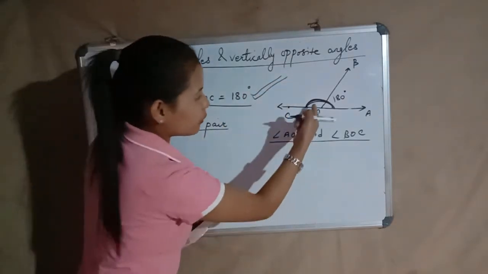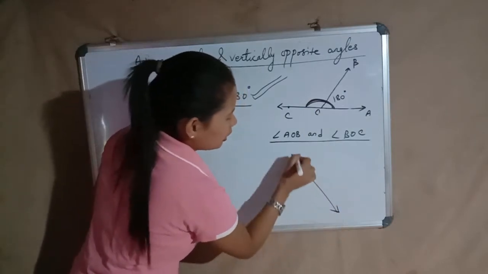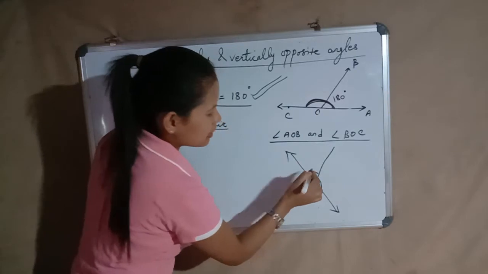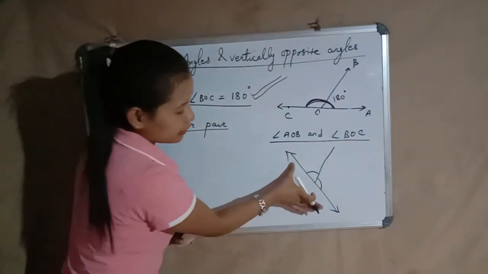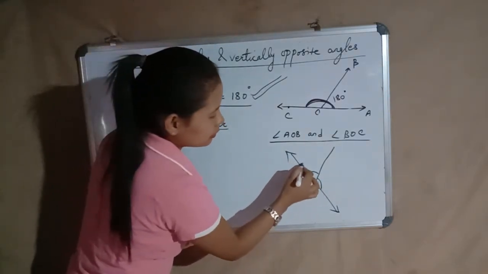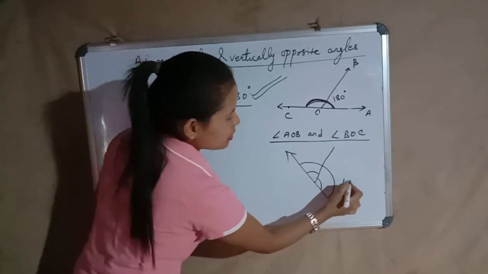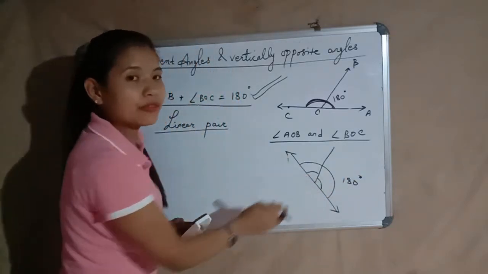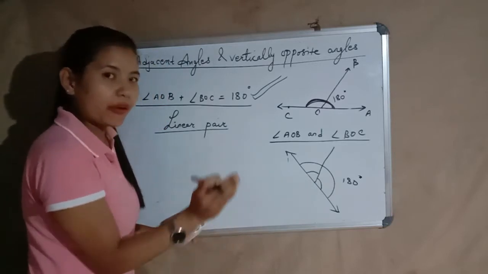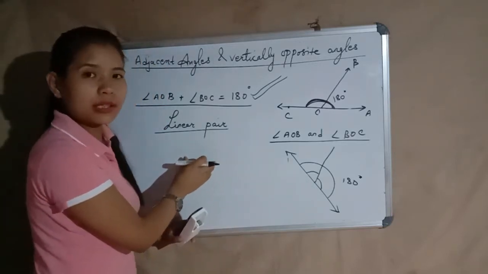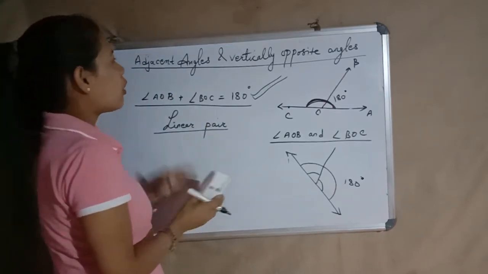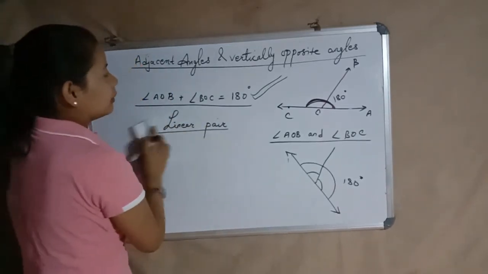It need not always be in this direction. If you have a straight line and two adjacent angles, and the straight line measures 180 degrees, in this case also these two angles form a linear pair. This is a very interesting property of adjacent angles. So this is all about adjacent angles.